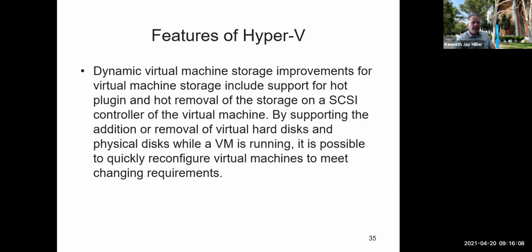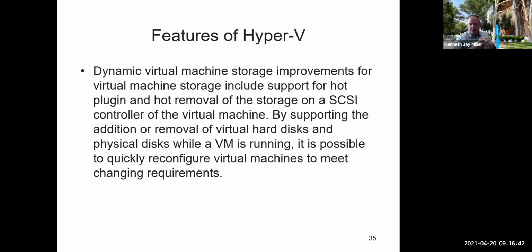All right. Now, the dynamic virtual machine storage improvements for virtual machine storage include support for hot plug-in and hot removal of the storage on a SCSI controller of the virtual machine. So by supporting the addition or removal of virtual hard disk and physical disk while a VM is running, it's possible to quickly reconfigure the machine to meet these requirements without downtime.